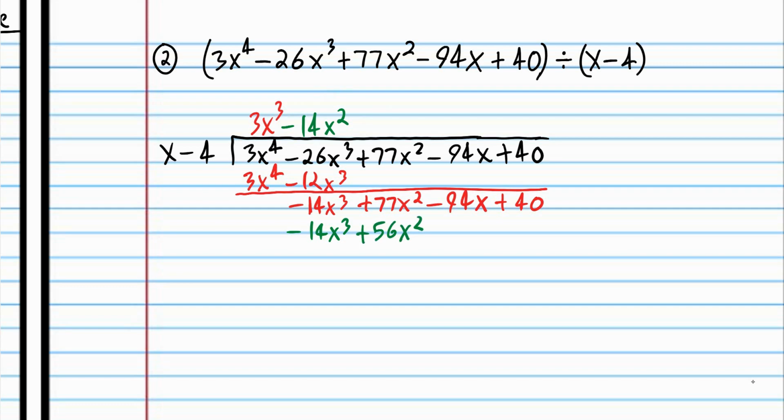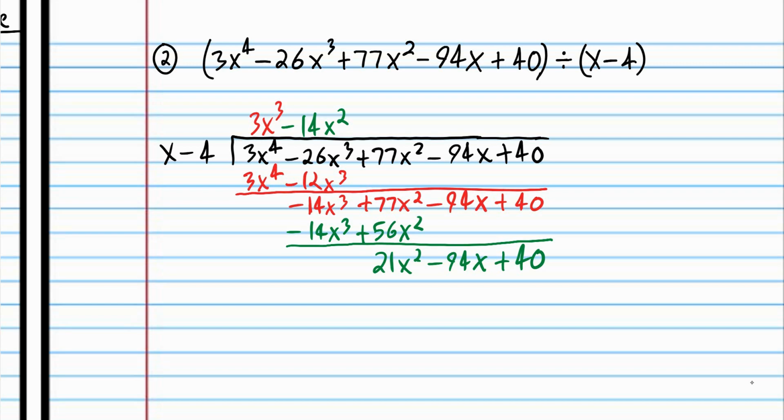Now we're going to subtract, draw that horizontal all the way to the end there. Subtract these, we get 0. Subtract these, we get 21x squared. And negative 94x minus nothing is negative 94x, and 40 minus nothing is 40. So that was cycle number 2. The green was cycle number 2, the red was cycle number 1.